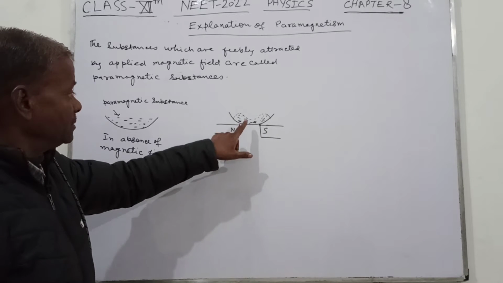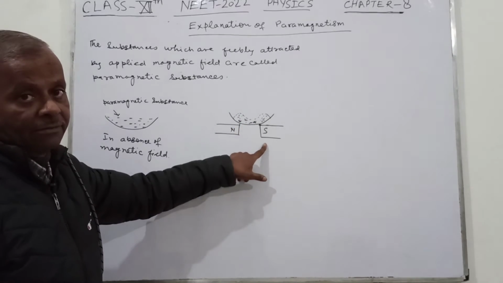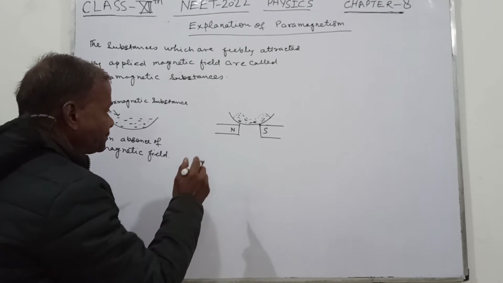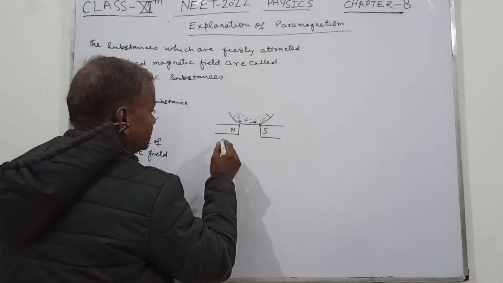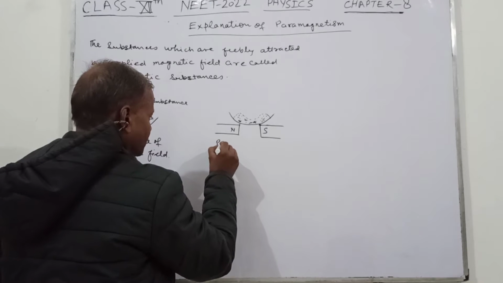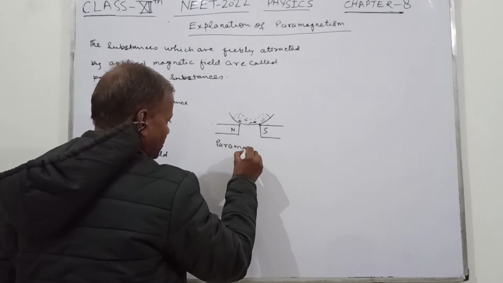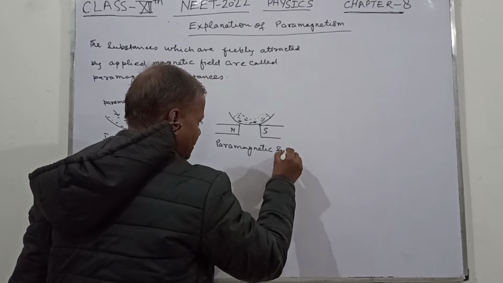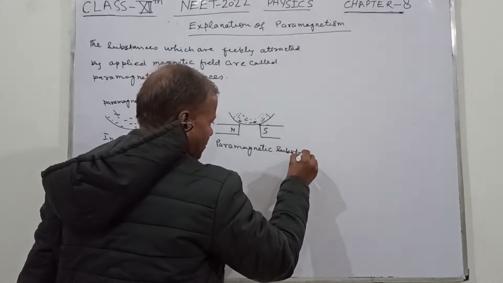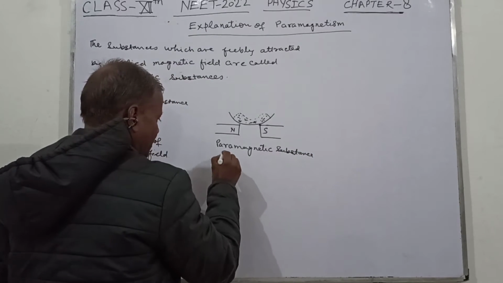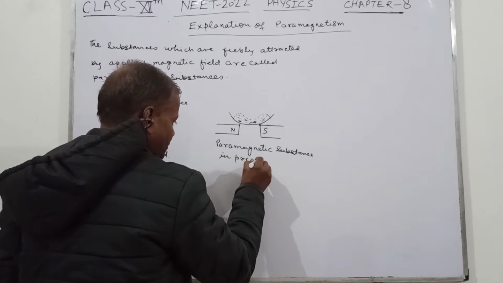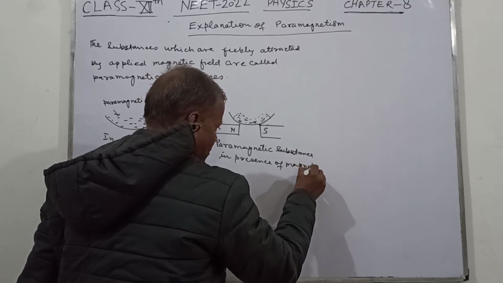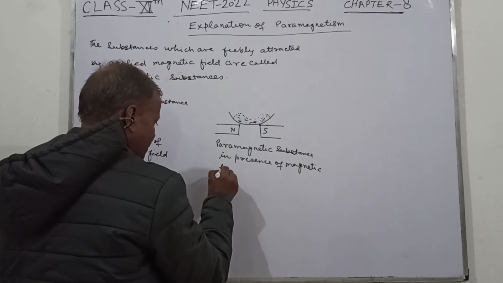So this material is feebly attracted by the applied magnetic field. Paramagnetic substance in presence of magnetic field.